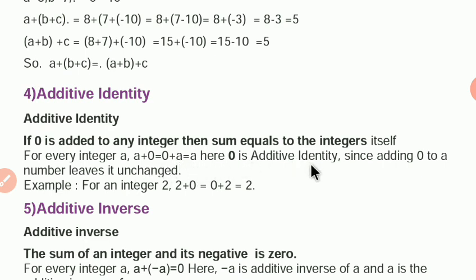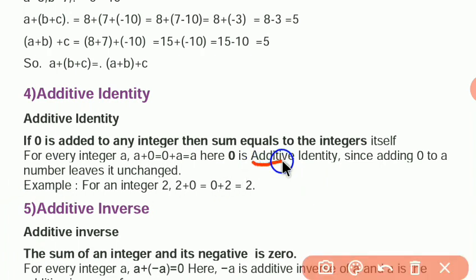Here 0 is the additive identity. Identity means if we add this number to any integer, the answer should come equal to that given integer. So that identity is known as additive identity. So here you can see that if we add 0 to any integer, the answer will come as that integer only. So 0 is additive identity.